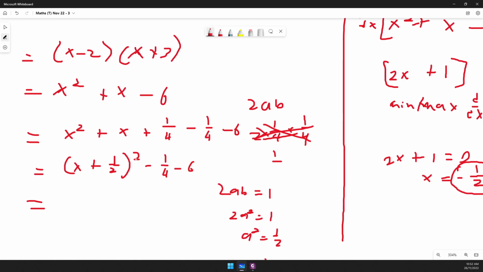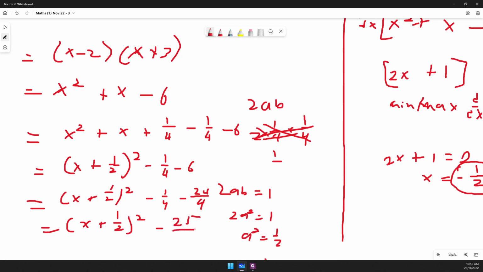And this one I would get minus 24 over 4, so it will be minus 25 over 4.